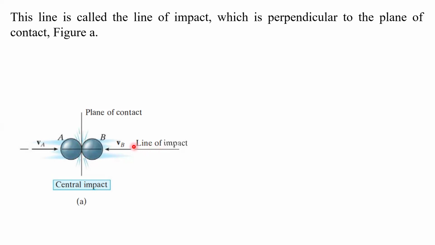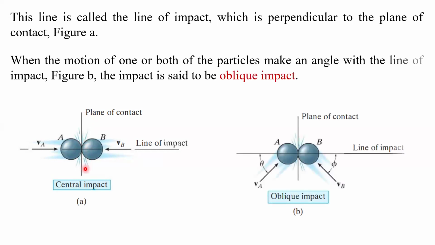Object B is coming from the right, going to the left on the x-axis. The y component of their velocity is 0, and they collide. So that x-axis that passes through their centers of mass is the line of impact, while the y-axis is the plane of contact. Then, when the motion of one or both of the particles makes an angle with the line of impact, as shown here, the impact is said to be oblique.